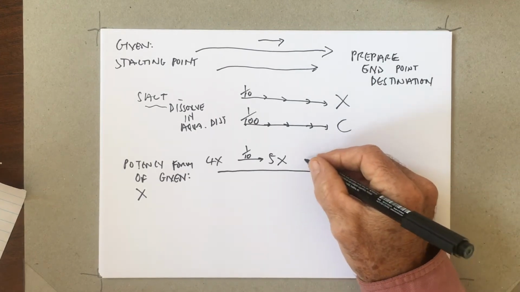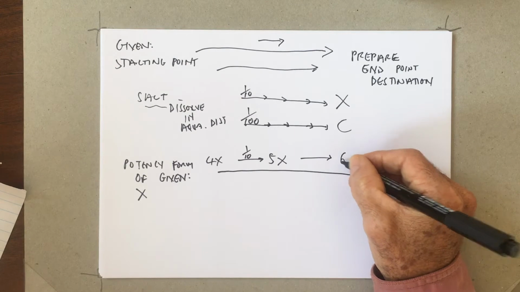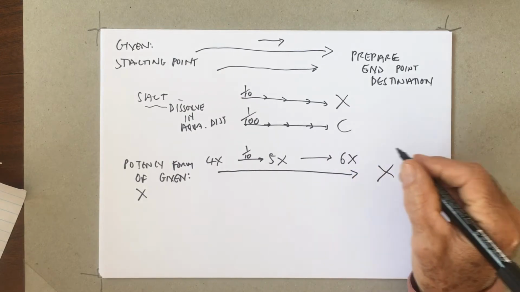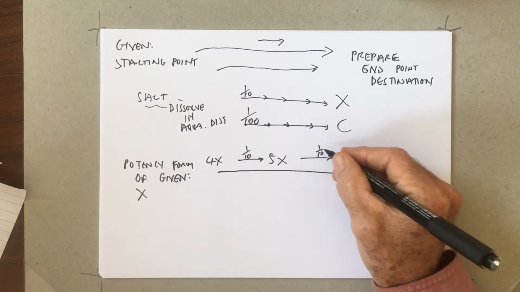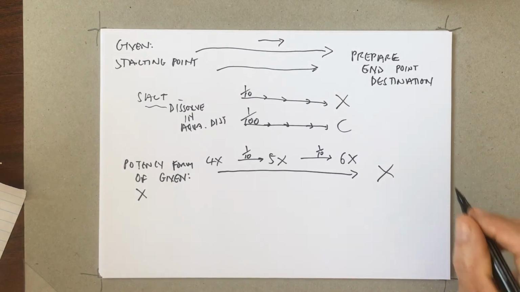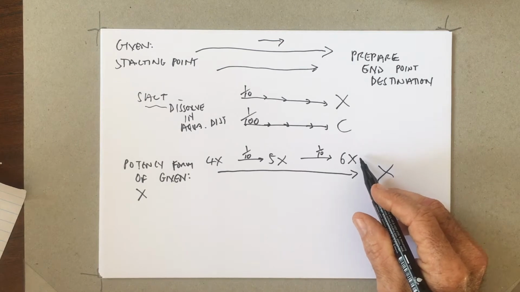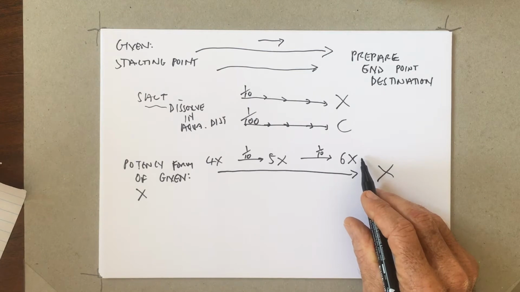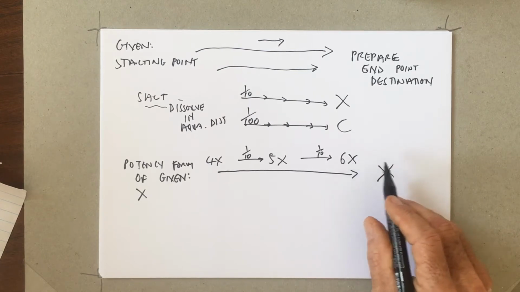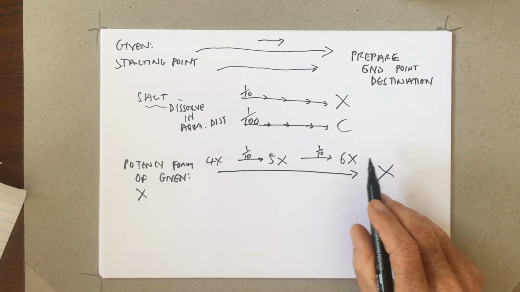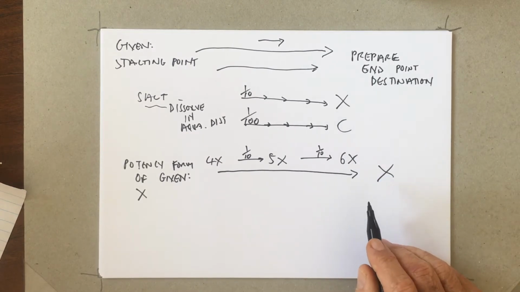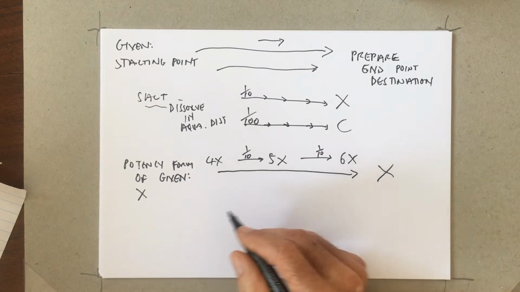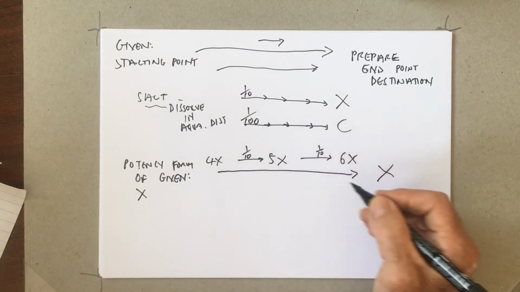Then the next step we would make the 6x by the same process of dynamization. And this we would make according to the requirements, the form that it needs to be in, the volume, and the delivery mechanism. So it could be liquid or powders or drops or tablets, whatever is required from the prepare point. So that is a very simple way.